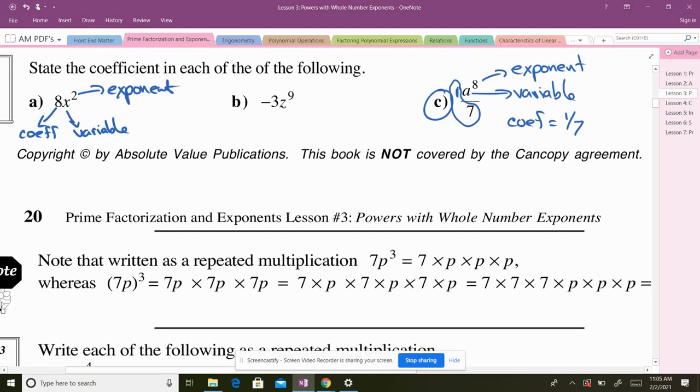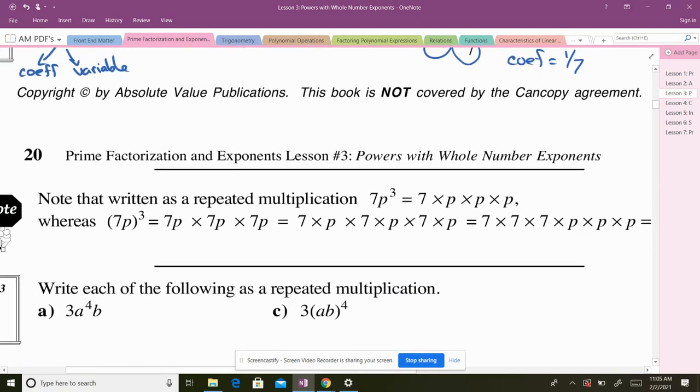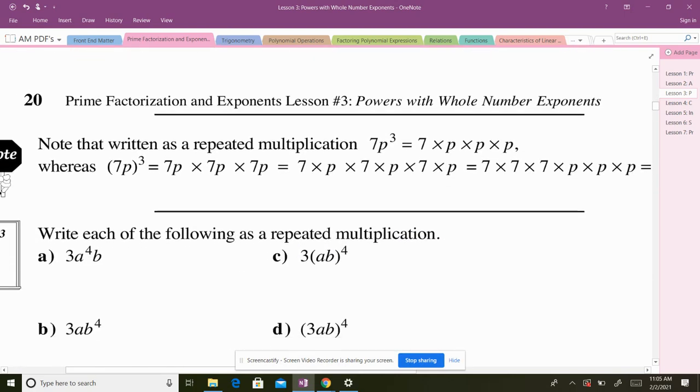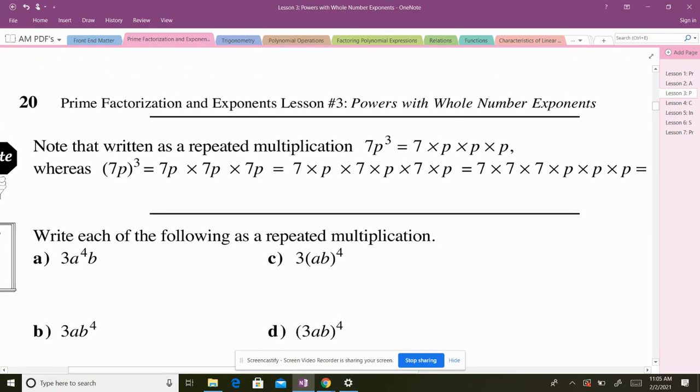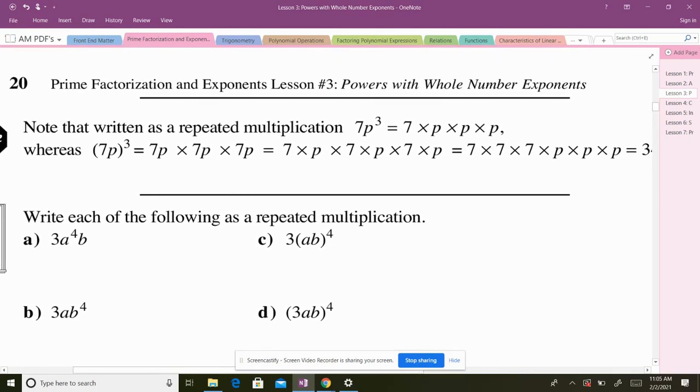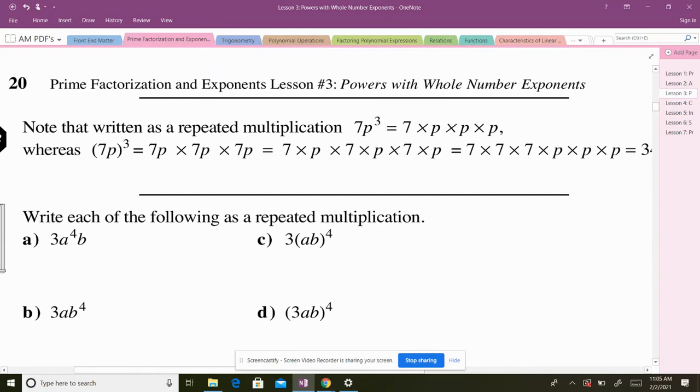All right, next page, please. We're going to motor through this stuff. An exponent basically means how many times you multiply it by itself. If I have 7p to the 3, there's only one 7, but 3 different p's, so it's p times p times p.